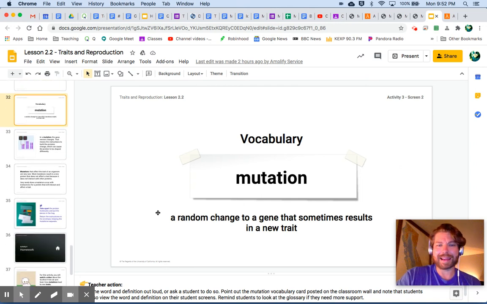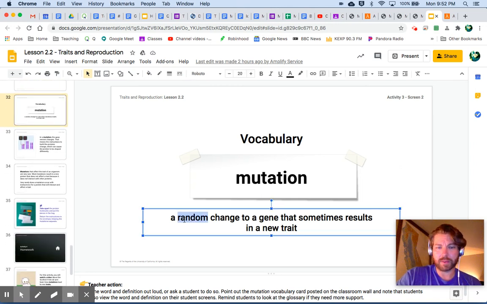I want to highlight the word random because mutations are always random. Now, we've seen lots of movies where people mutate their genes, or they mutate because of a need that they have. Like, this person developed gills because they live in a water world, and that makes sense because they would need gills. Well, wait a minute, Kevin Costner. That's not how mutations work.